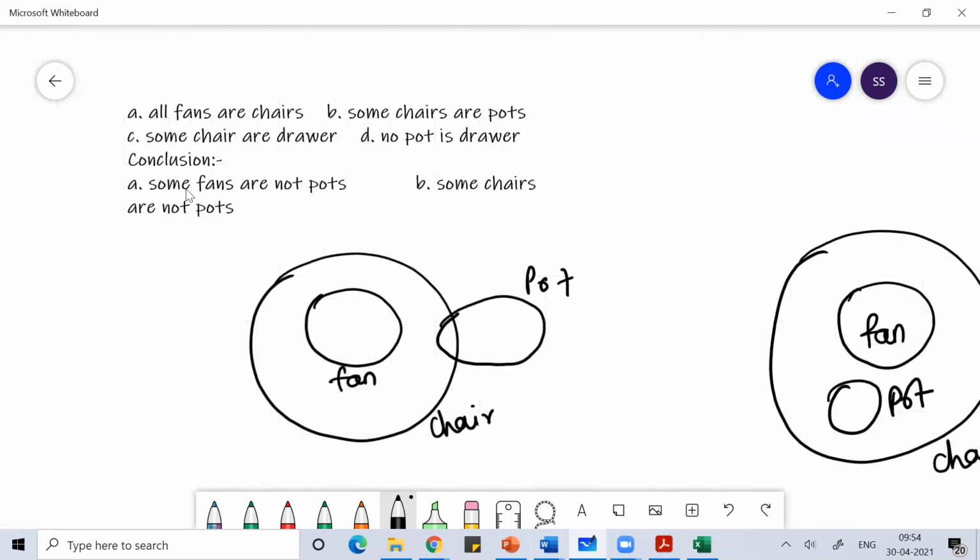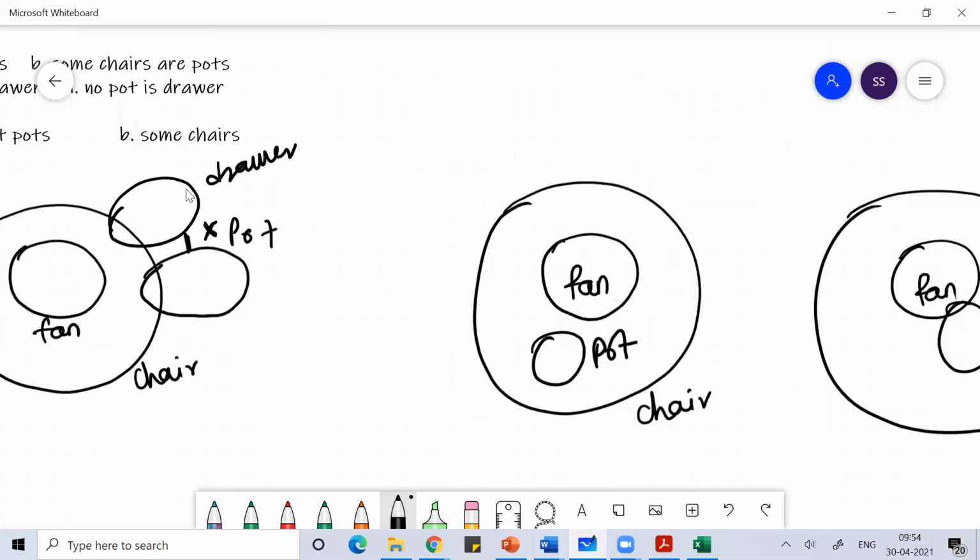Some chairs are pot, then some chairs are drawer. You can see, some chair are drawer. Then no pot is drawer.